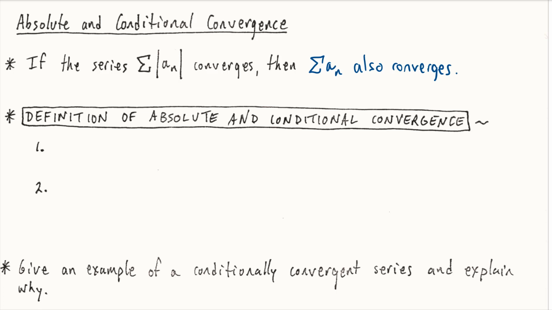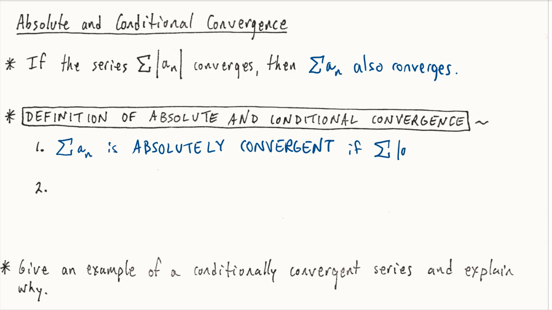We've got a couple of important definitions here. The infinite series with nth term a sub n is absolutely convergent if that same infinite series whose terms are all positive converges.